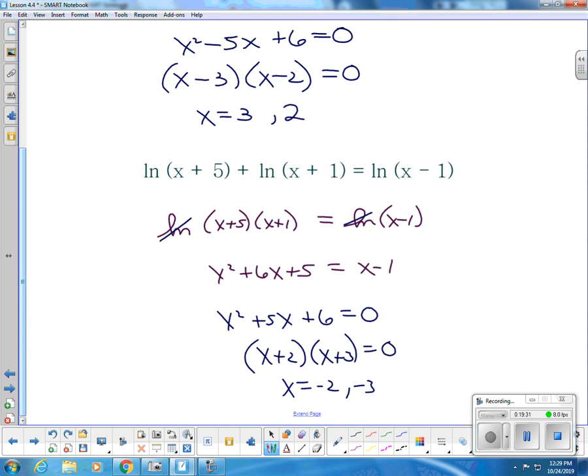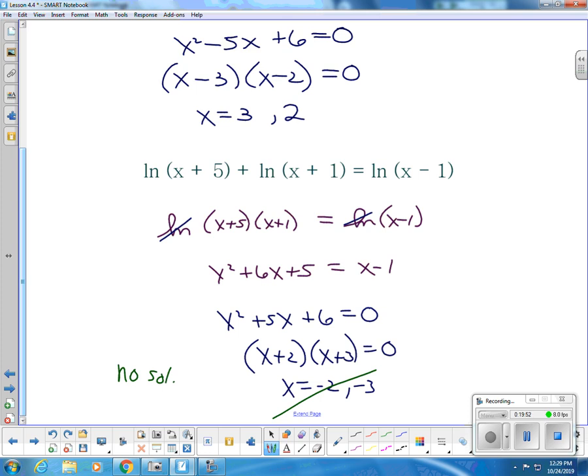If I put either of those in this function, I'm taking the natural log of a negative number. So you would say there was no solution. Okay, so you have to check your answers. You have to check your answers. Okay?